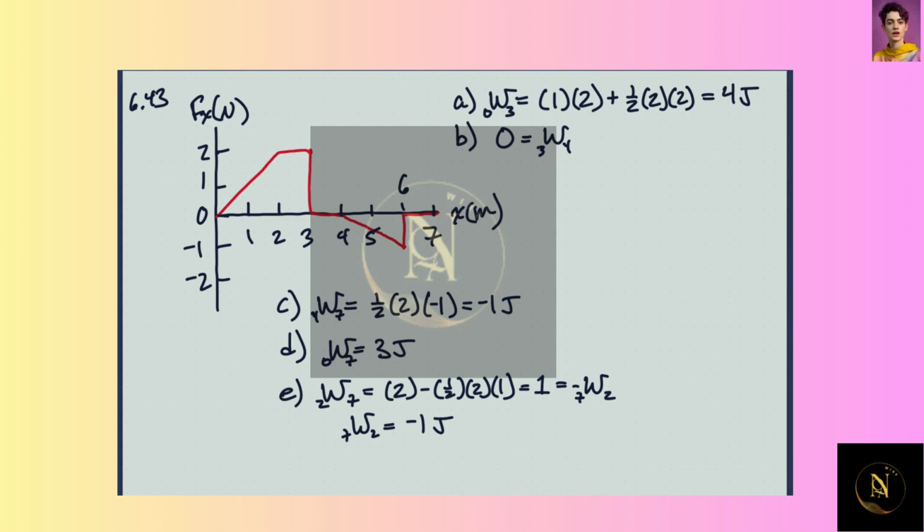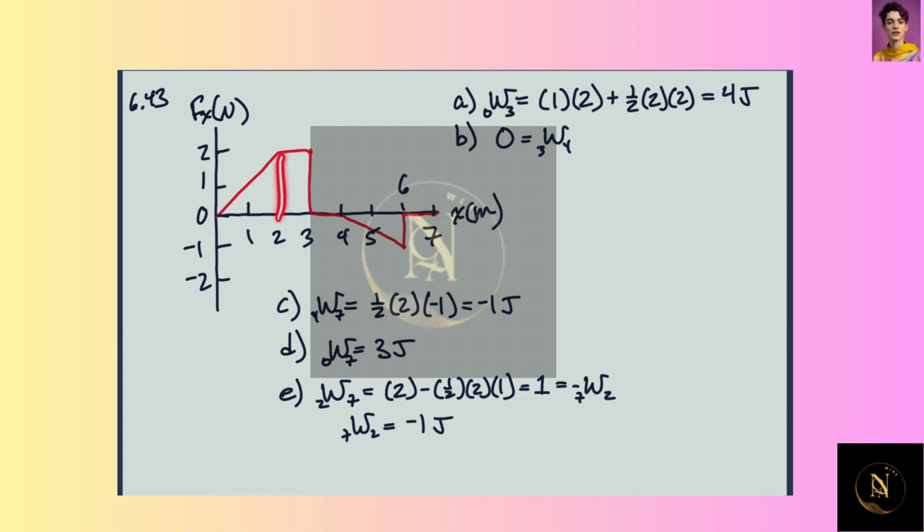Now they also ask us about going from 7 to 2. When we integrate backwards, we just have to flip the sign. So the work done from 7 to 2 is the same as the negative of the work done from 2 to 7. So let's calculate the work from 2 to 7.